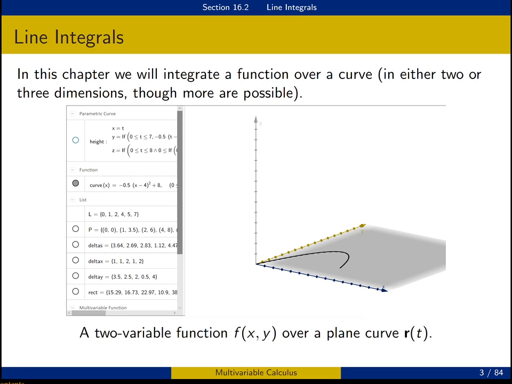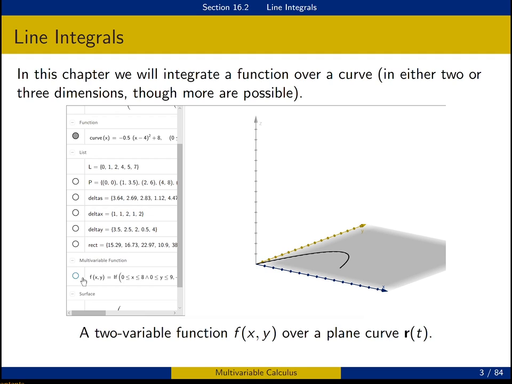In this chapter, we will integrate functions over a curve in either 2 or 3 dimensions, though more are possible. For example, here we have a curve in 2-dimensional space. We can define a function, f of xy, and graph it like so.